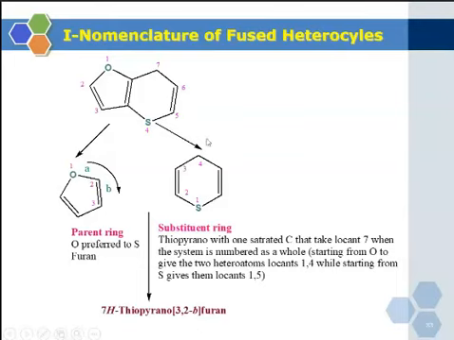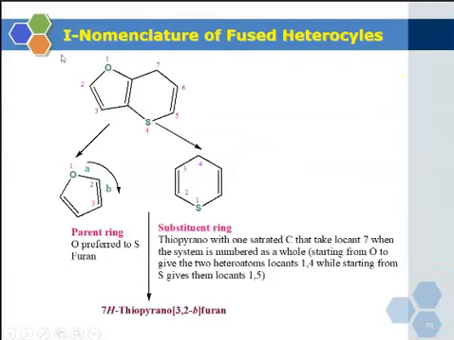Now when we see the entire fused ring system, then as we have already discussed, numbering of this parent ring is different, numbering of this substituent ring is different, and the numbering of the entire fused system as a whole is different.